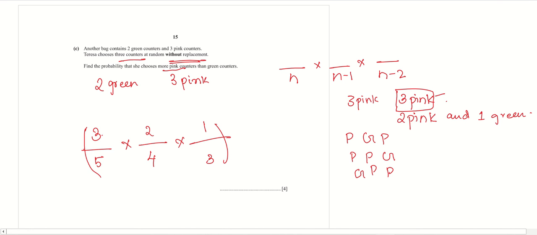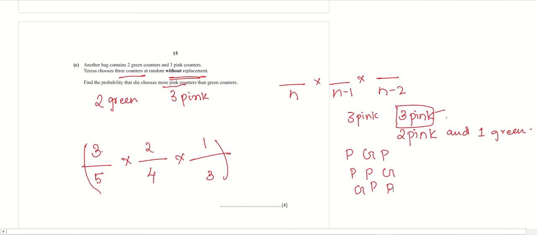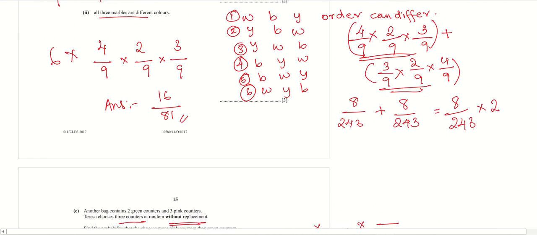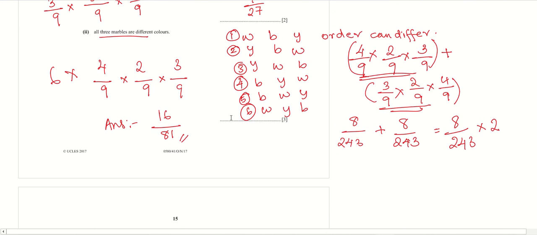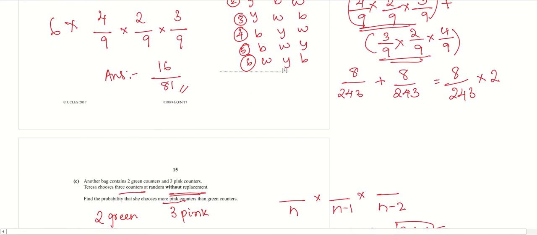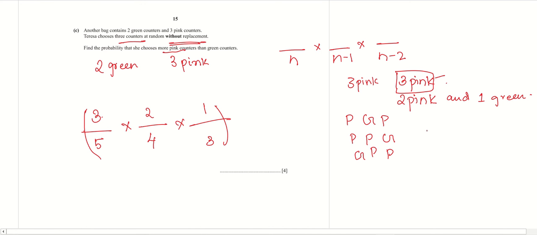So somewhat similar to the previous question, part B double I, but over here the denominator was the same there because she was replacing it. Over here she doesn't replace it, it's without replacement, so the denominator will be different.